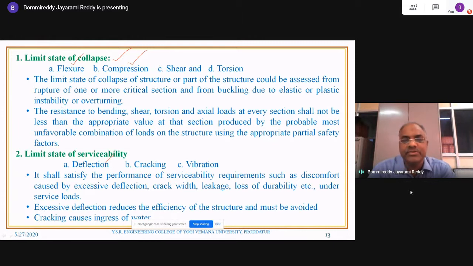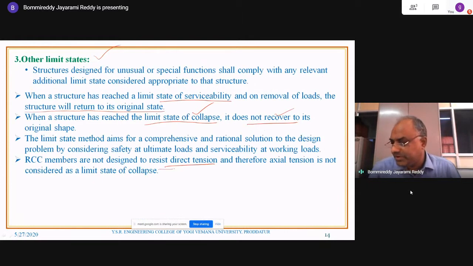Even with compression, if an eccentric load is applied, tensile stresses will be induced in the structure. But if any RCC member is subjected to direct tension, it is not included in the limit state of collapse, and axial tension is not considered in the limit state of collapse.